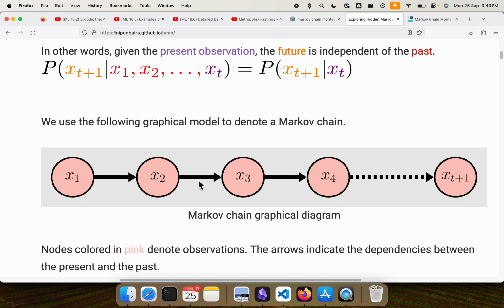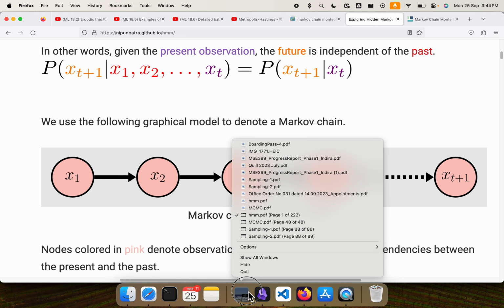In a second order Markov chain, what do you expect to change in this graphical model? So then x3 is not just dependent on x2, but it's also dependent on x1. Let me pull up the other slides to show this.